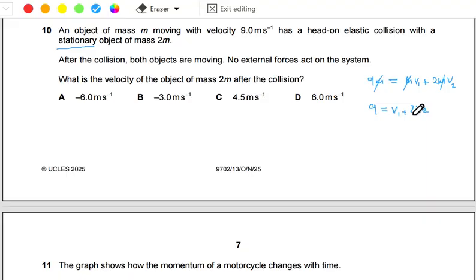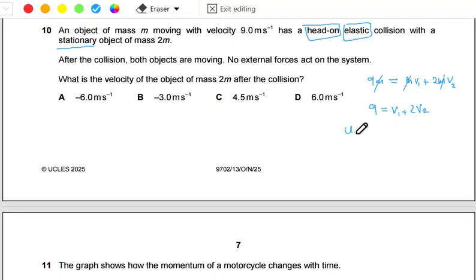We have also a head-on motion before, and we have elastic collision. This means that relative velocity of approaching equals relative velocity of separating.